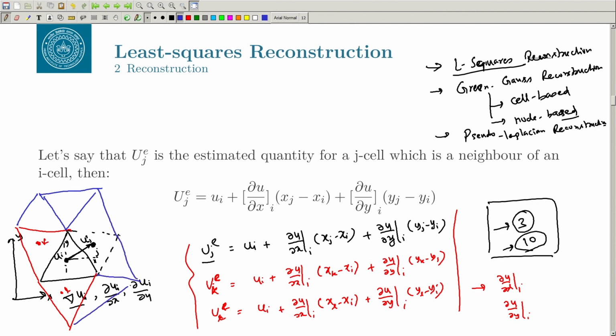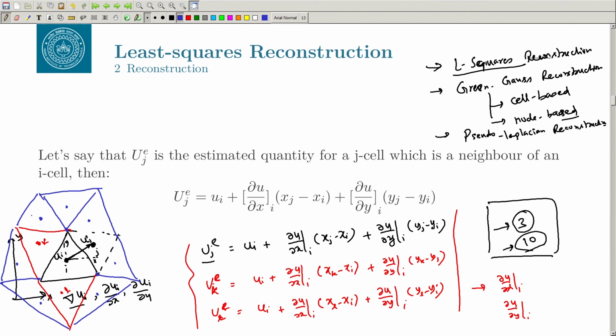These are your node neighbors, all the cells sharing these nodes. These will also have the cell centroid, and you can consider that. In that case, if you consider the node neighbors, then you will have 1, 2, 3, 4, 5, 6, 7 equations in this particular case.